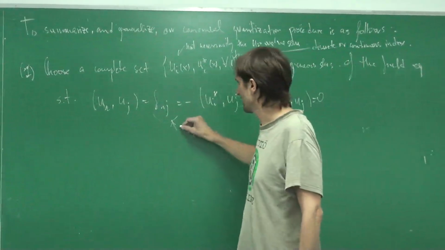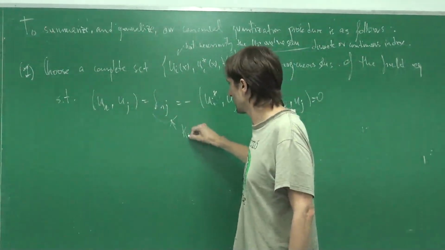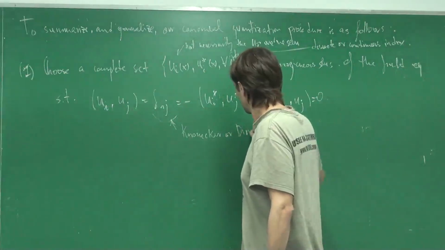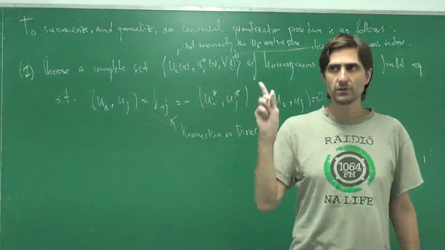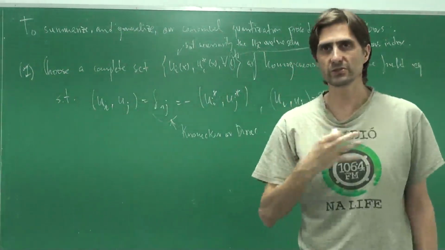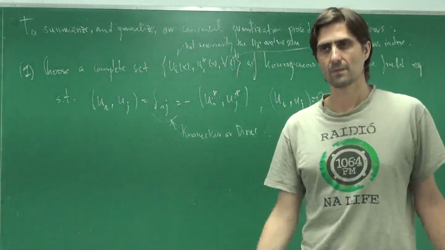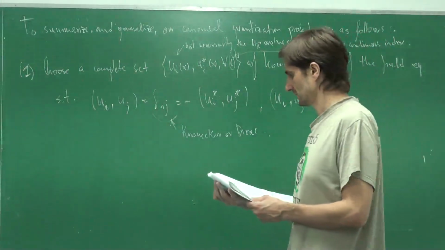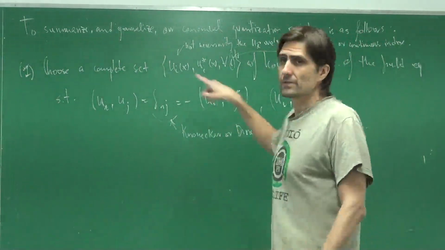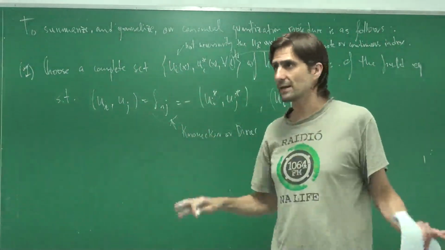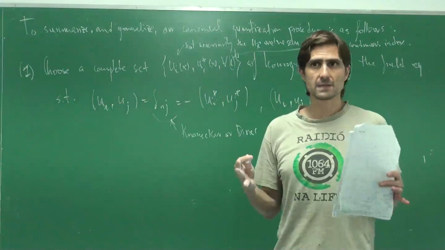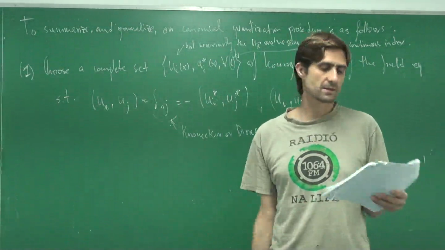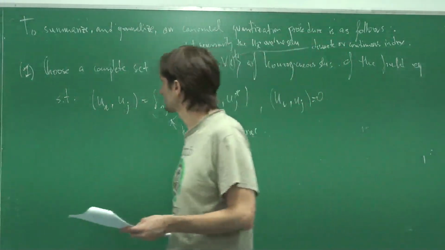So this is Kronecker delta or Dirac delta, depending on whether we've got a continuous index or a discrete index. It's just a general notation. Okay, so that's the first step. So let's do classical. We've got classical field equations, classical field. You just choose a basis, choose a complete set in that way.